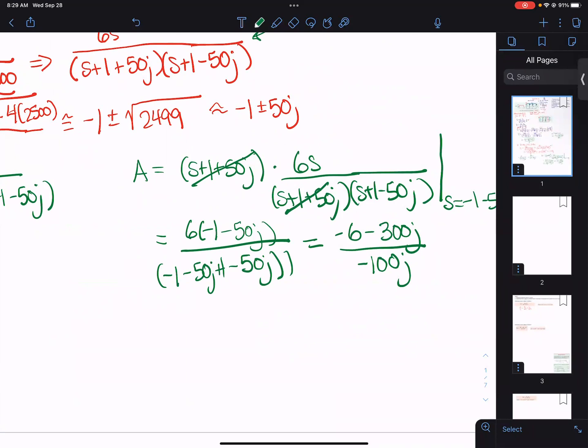So if you remember, a 1 over J can also become a minus J. So I can bring that one up.